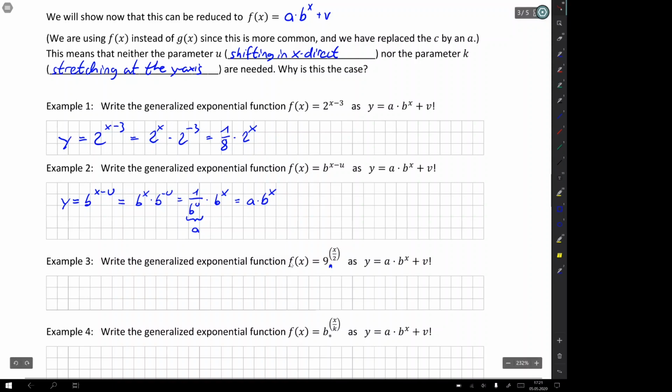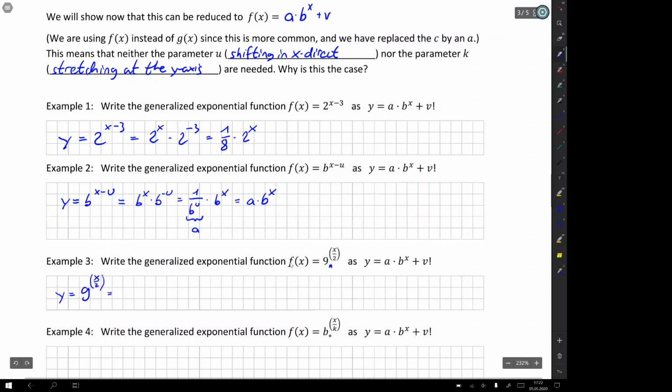Next example, let's look at f of x being 9 to the power of x/2, and let's rewrite it again in this form here. Try it on your own, stop the film, and here comes the solution. We have y equals 9 to the power of x/2.